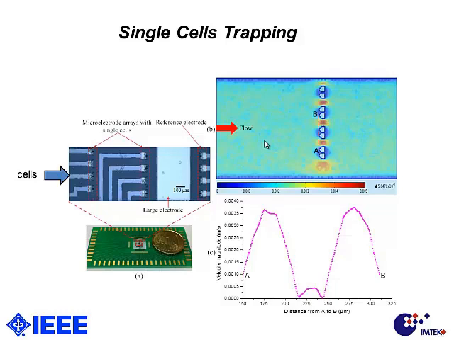We modeled it using COMSOL. This figure expresses the flow rate distribution inside the microchannel, and you can see this region is the cell capture region. The magnitude of the flow rate inside the cell capture region is very small compared with the surroundings. So when the cell is trapped here, it will stay in the capture.